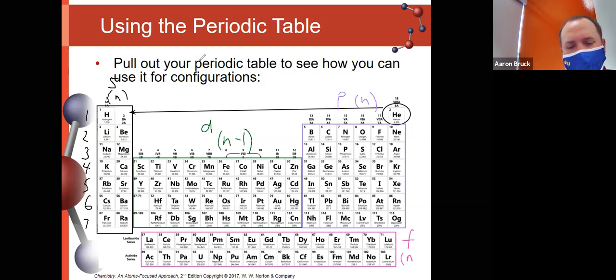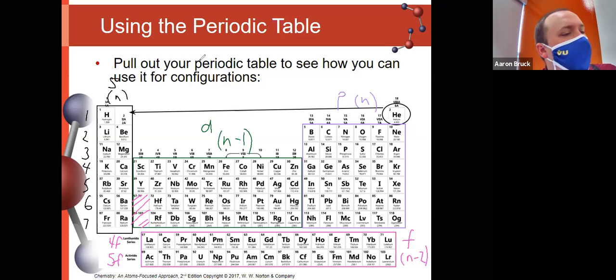And the F block is actually offset by 2. The F block starts in the 6th period and the 7th period. So the lanthanide series are actually represented by 4f configurations. The actinides are actually 5f configurations.